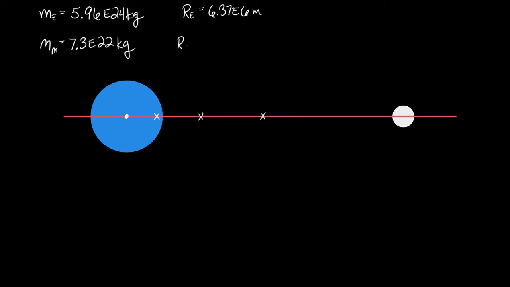Okay, so you want the separation distance, 384 times 10 to the 6 meters. Okay, I'll give you 60 seconds to tell me where the center of mass of the system is. I will write it down, but I will be salty about it. So I better see them pencils flying as I explain.